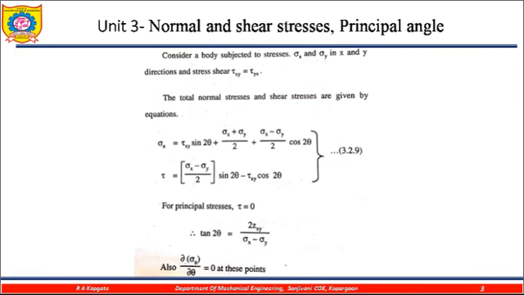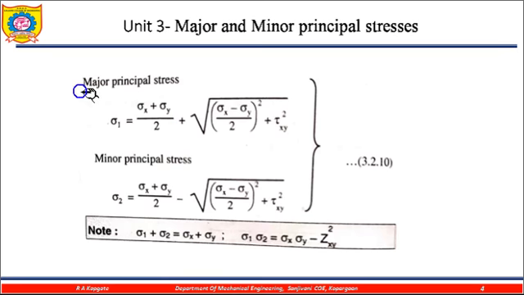Now through this one we can very easily do the derivation, that is the normal process. Shear stresses are developed, putting these values here, and the principal stress along this angle, that is 2 theta, is also considered here, and finally I am getting the major principal stress and minor principal stress.